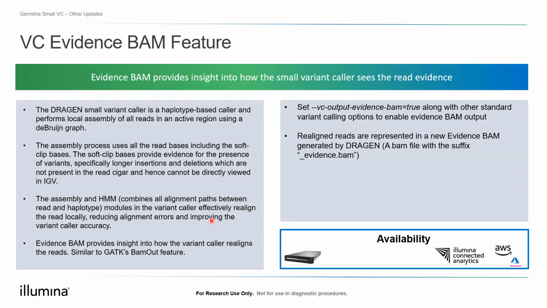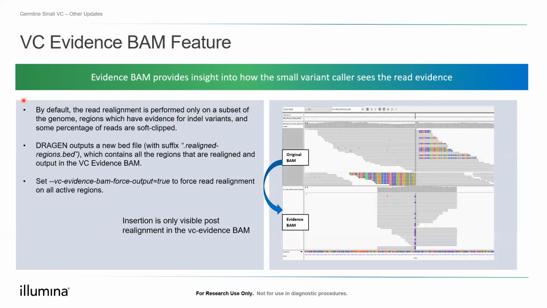But at least it gives you now more visibility into exactly what the variant caller is doing versus previously. Again, you can set this with a single command line, and it will basically generate a new BAM file with the suffix _evidence.bam.